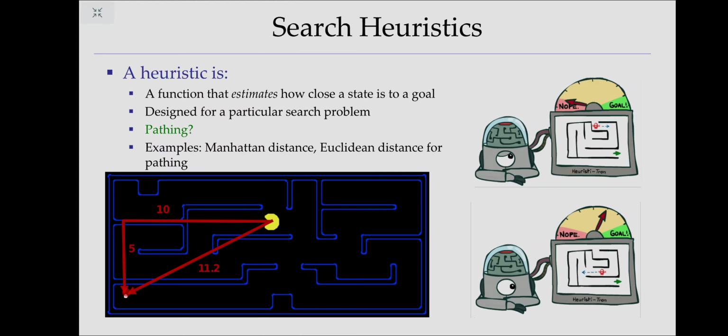Now, instead of using discrete movement, it is possible to use mathematical distance from the calculus to define an estimation from the location of the agent to the goal.